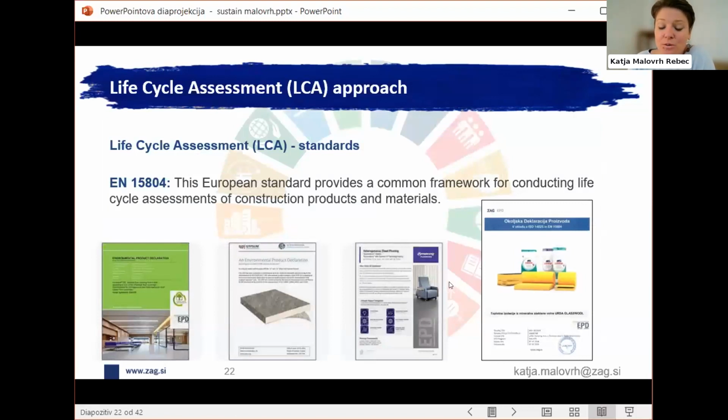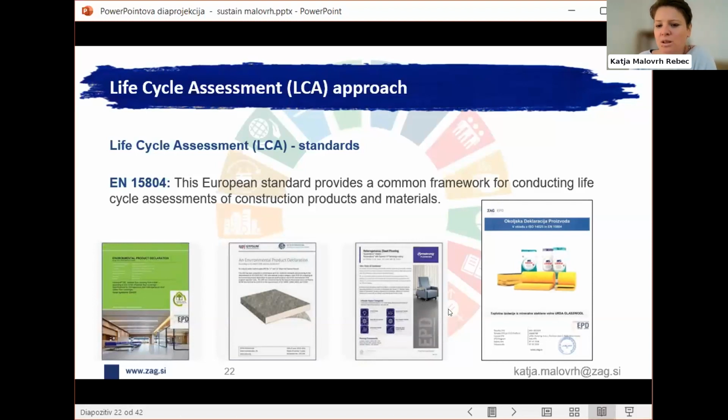Now, to report that, as I've mentioned before, we have a standardized way of reporting it, named Environmental Product Declaration, which is a few pages thin report based on the international standard.